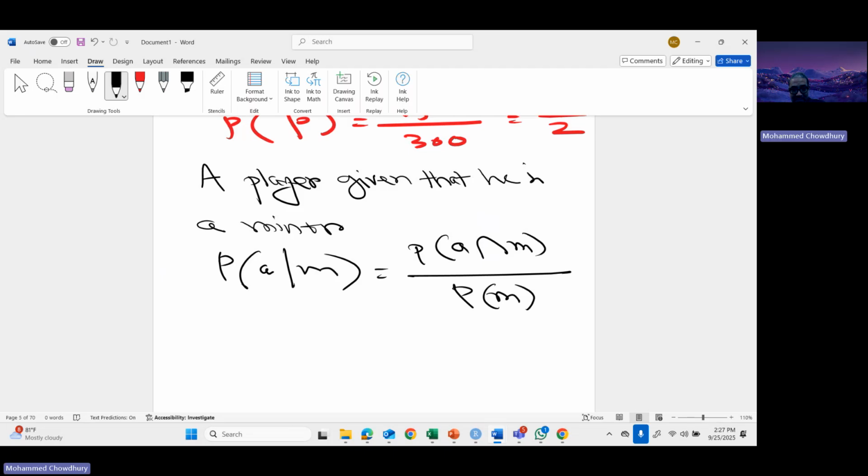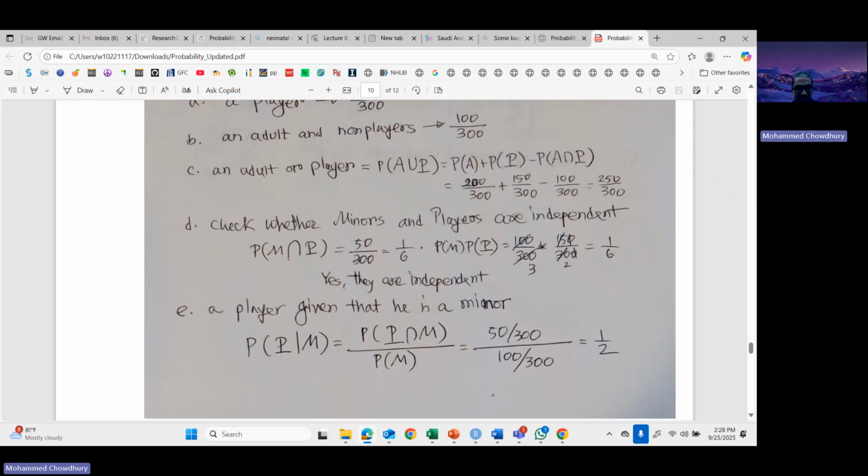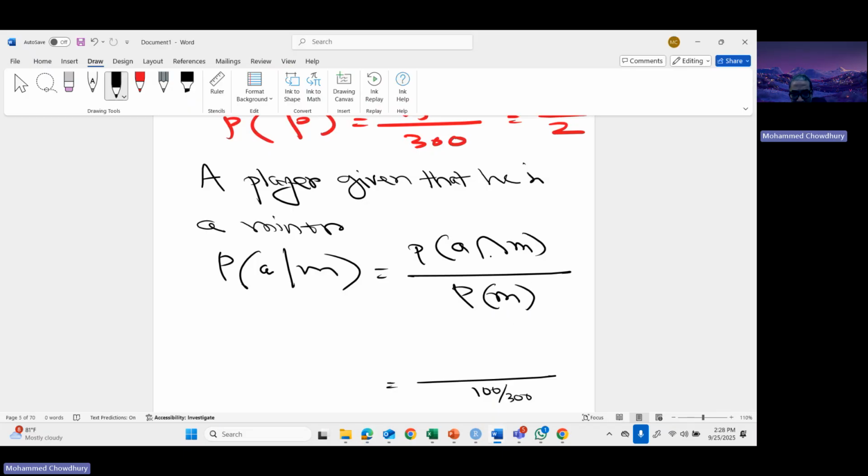So what is the probability of the minor? Minor equals 100 over 300. And a player given that he is a minor. I'm sorry, here it will actually be player and minor.